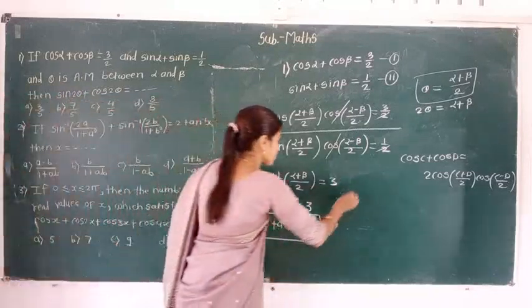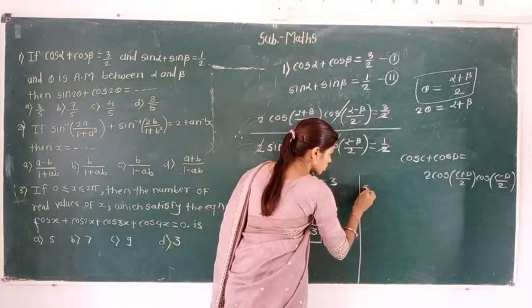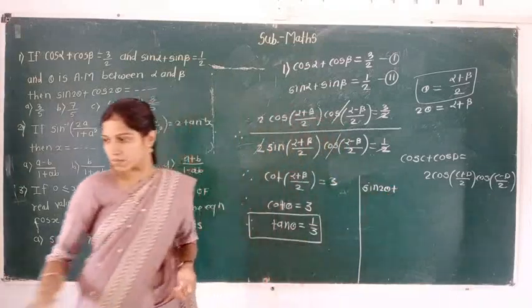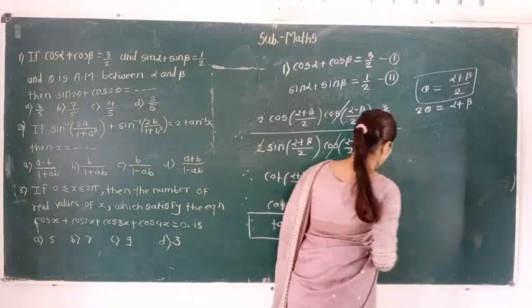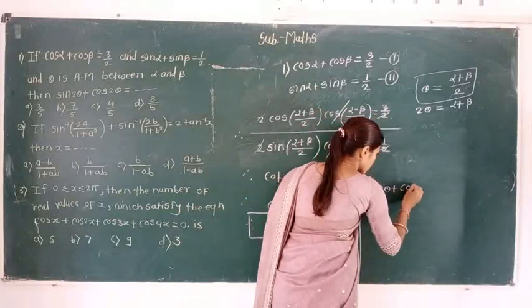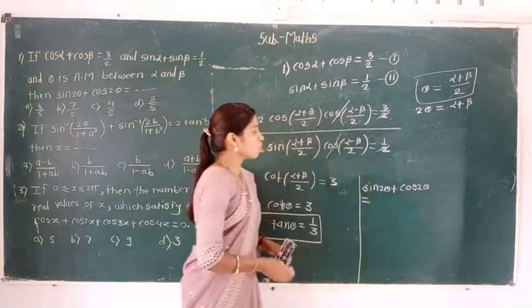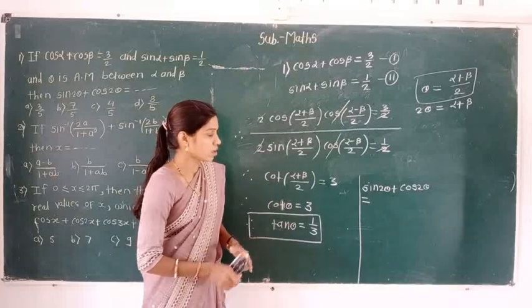For finding the value of sin 2 theta plus cos 2 theta, we use the formulas for sin 2 theta and cos 2 theta in terms of tan.